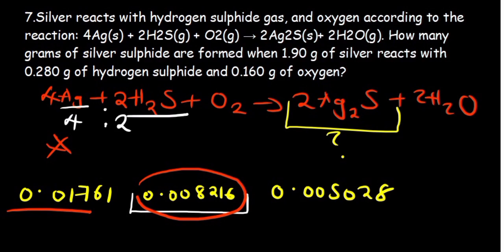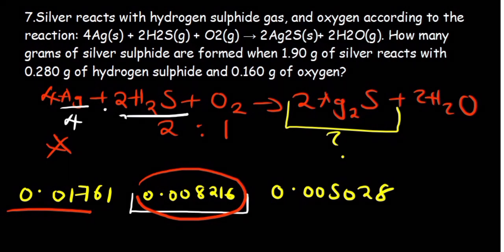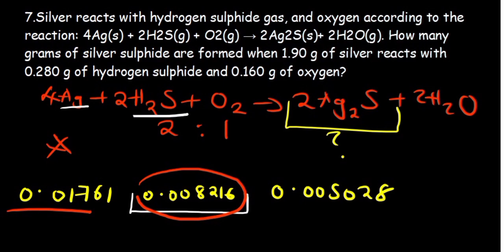We'll use the same one now comparing to the oxygen. They are in the ratio of 2:1. Assume we don't know that one, cross and multiply. We're supposed to divide by 2 what we have: 0.008216 divided by 2. The number of moles of oxygen required is basically 0.004108.